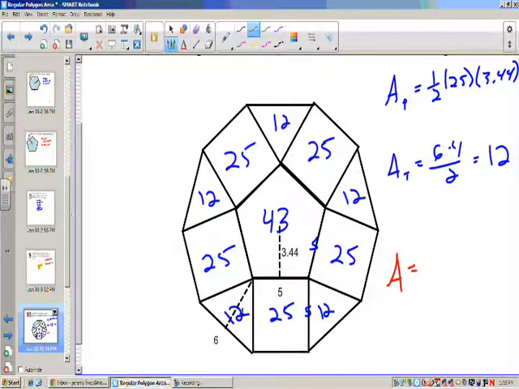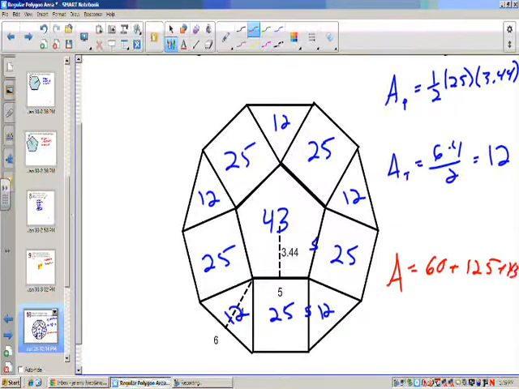So there's 5 12s, so 12 times 5 is 60. There's 5 25s, which is 125.